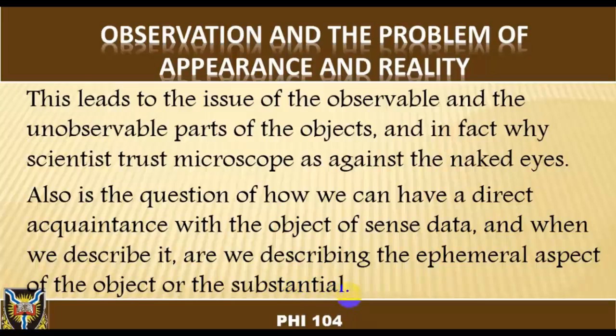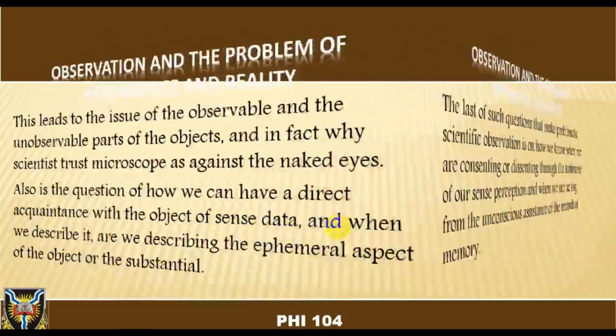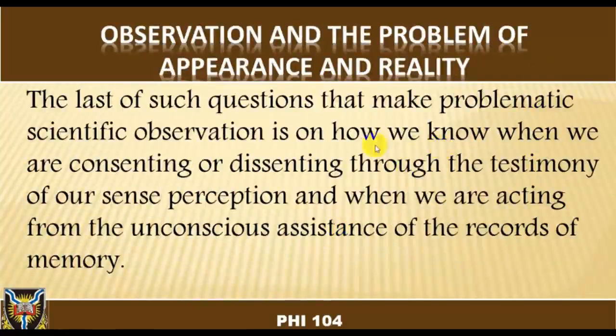Such questions are important because knowledge, episteme, is an unmistaken awareness of what is presented to us. The last of such questions that make scientific observation problematic is on how we know when we are consenting or dissenting through the testimony of our sense perception and when we are acting from the unconscious assistance of the records of memory.